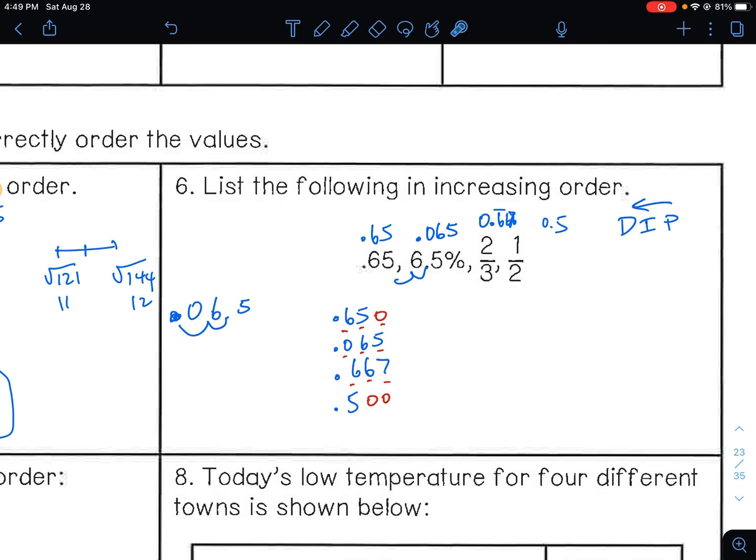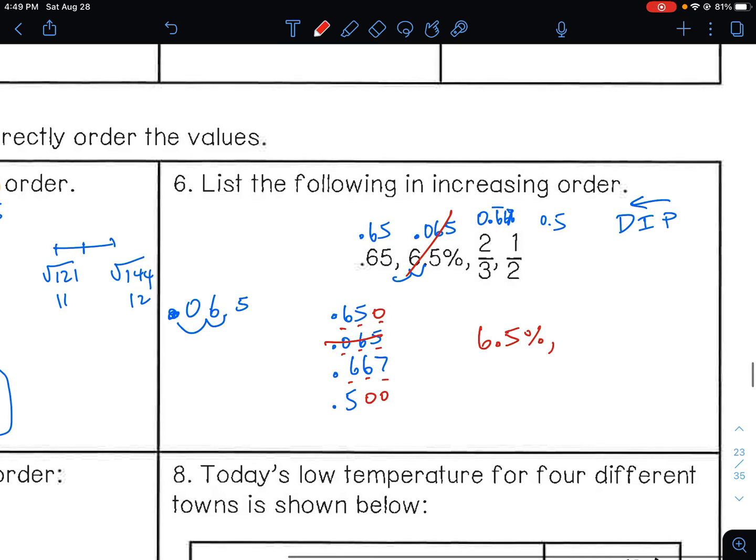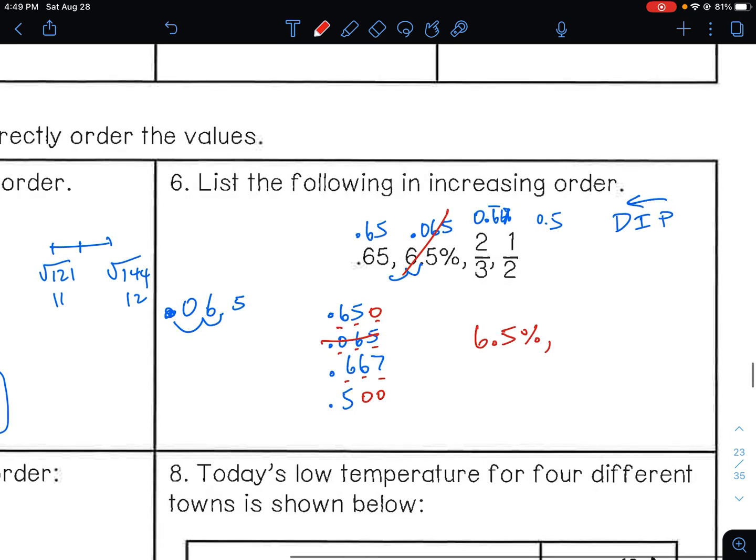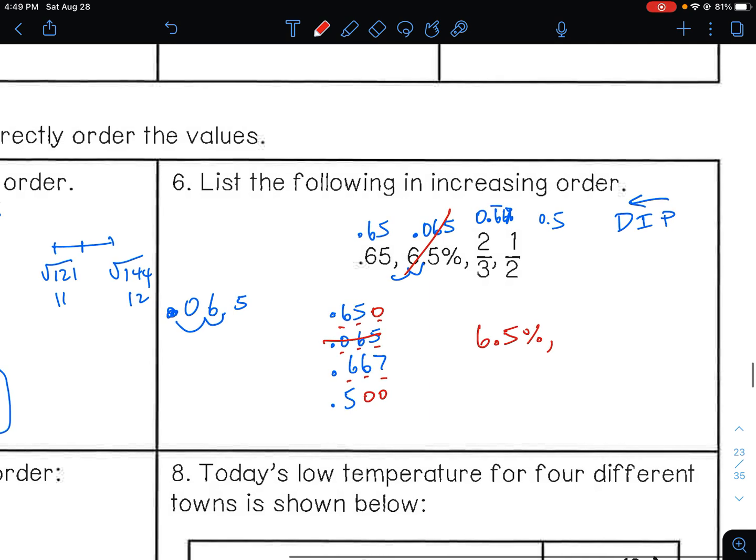Which is actually the smallest? It's the 65. And which one is the 65? It's the 6.5% that is the smallest. So we mark that off. Which one is next after 65: is it 650, 667, or 500?